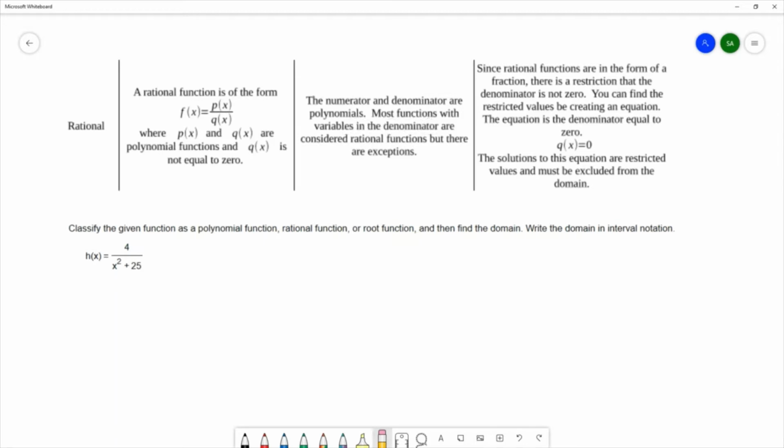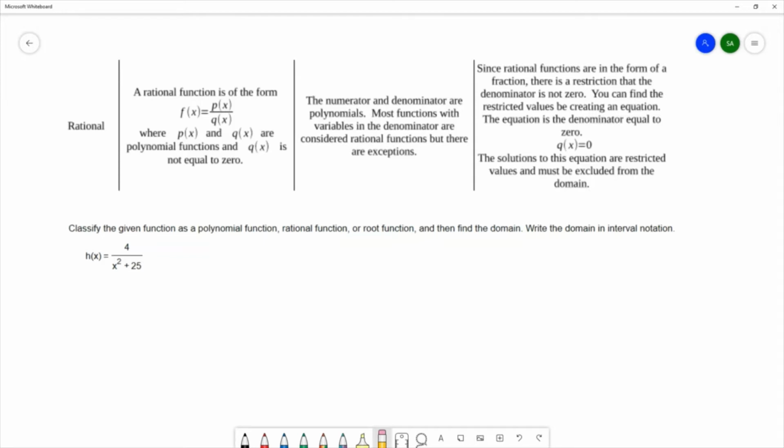So in general, rational functions will be of the form p of x over q of x. P of x and q of x are polynomial functions, and our denominator is not allowed to equal 0. So when I look at this equation, I notice that I have a fraction, just like the rational function up here, and both the numerator and denominator are polynomial functions.